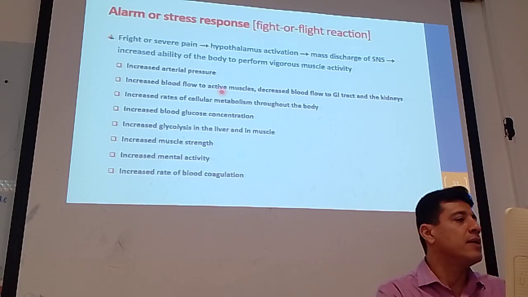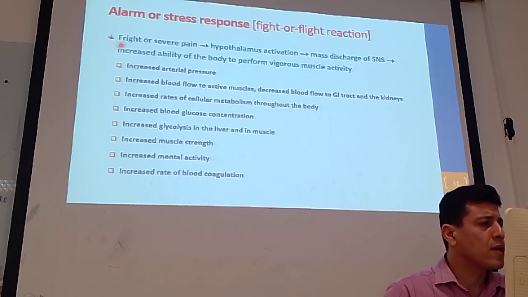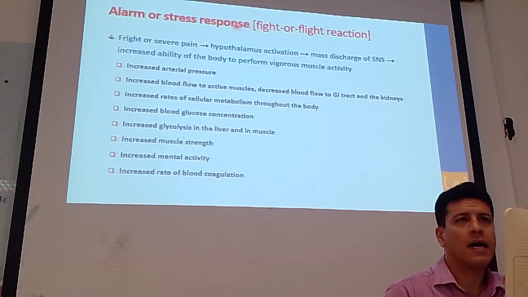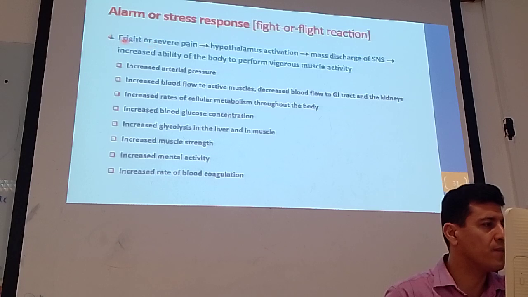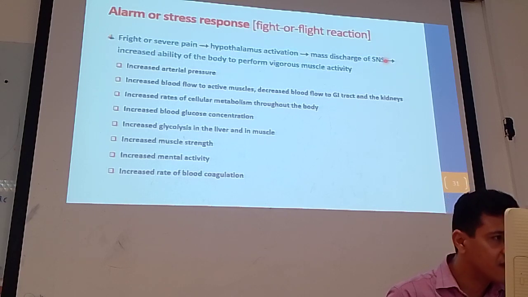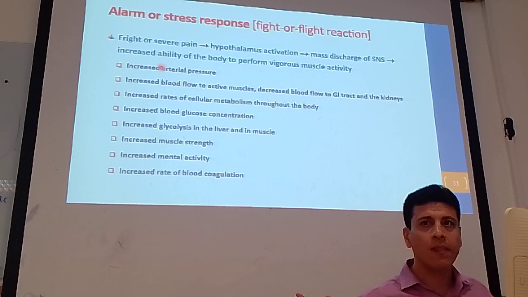But during stress, there may actually be sudden and entire activity in the sympathetic nervous system. Fright or severe pain may cause activation in the hypothalamus, which results in mass discharge of the sympathetic nervous system. So this system activates the whole body, okay?